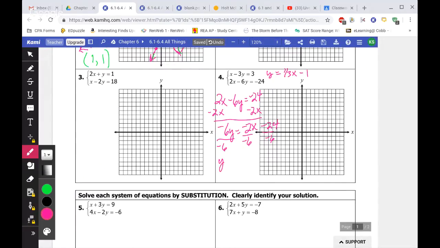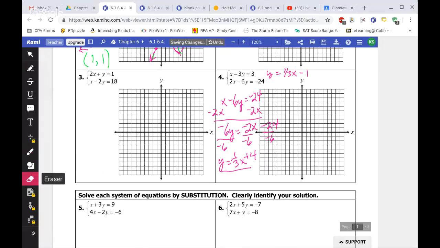And that's going to give me y equals a negative 2 divided by negative 6 is positive 1/3 x. And negative 24 divided by negative 6 is a positive 4. So that second line in slope-intercept form is y equals 1/3 x plus 4.